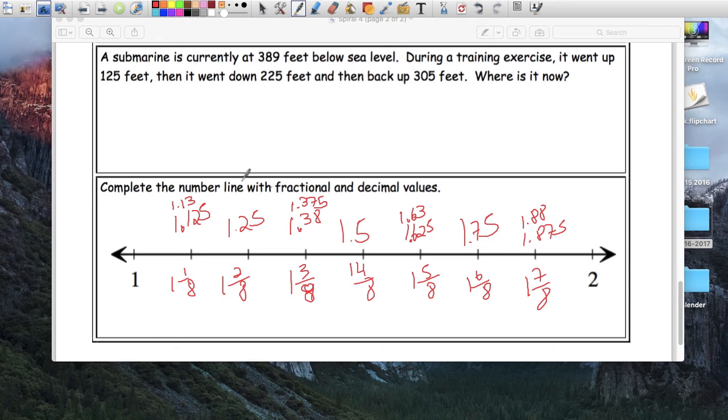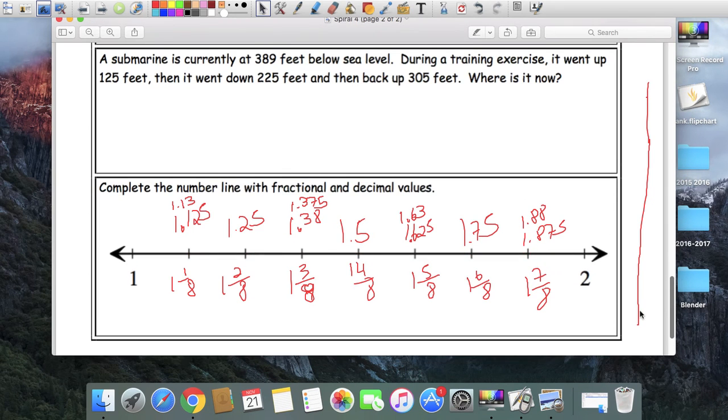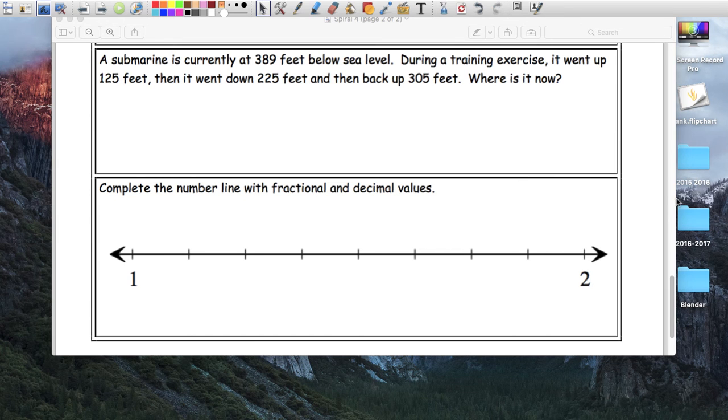So now submarine. How am I going to do that submarine? Okay, so let me see if I can use this. Submarine's all the way down at 389. Let me see if I can make this smaller. Clear this page, because I'm going to need some room for this one.